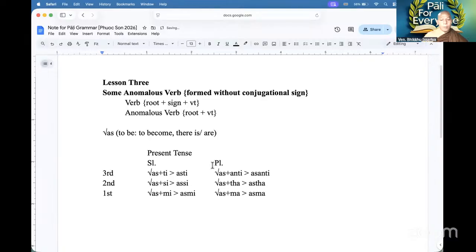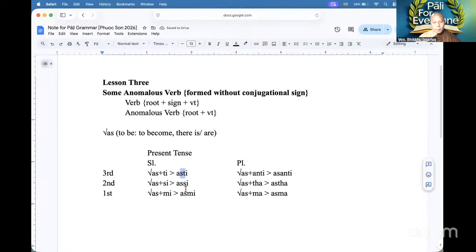So, in that, you see here different consonants, sa, ti. Here, sa, si. Here, sa, tha. Here, sa, ma. You see? So, and then sa, ti. So, that sa, ti changes to the tti.